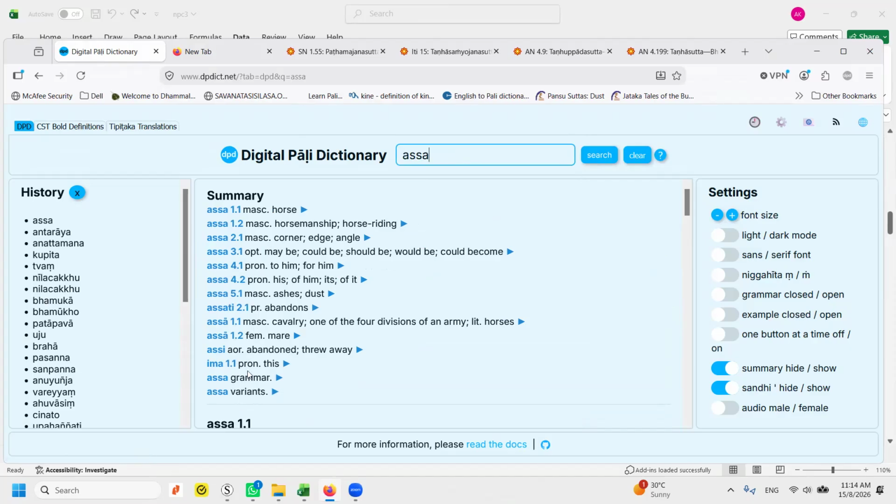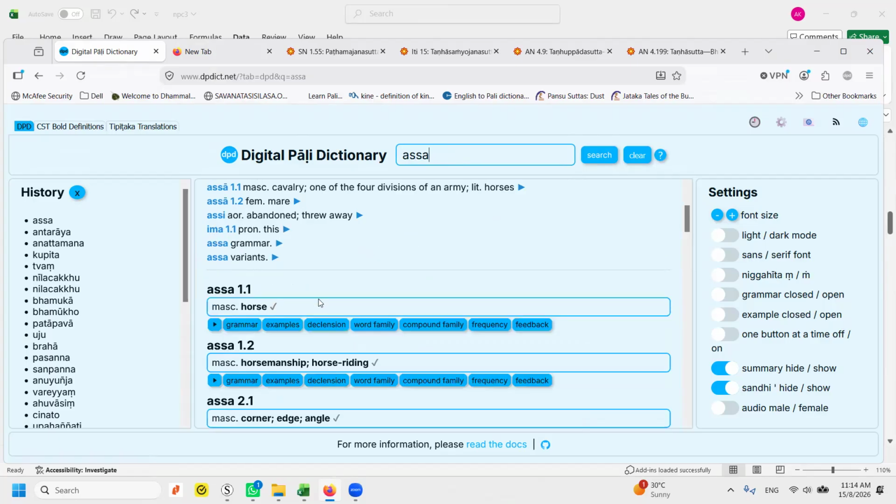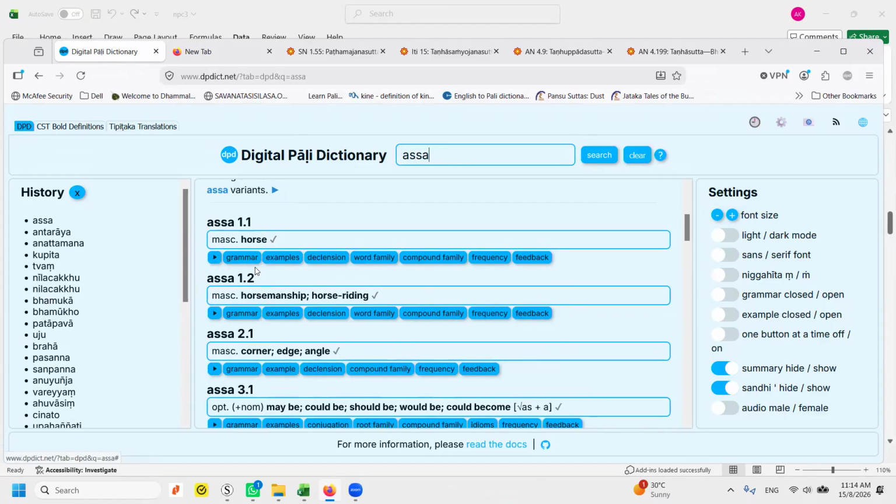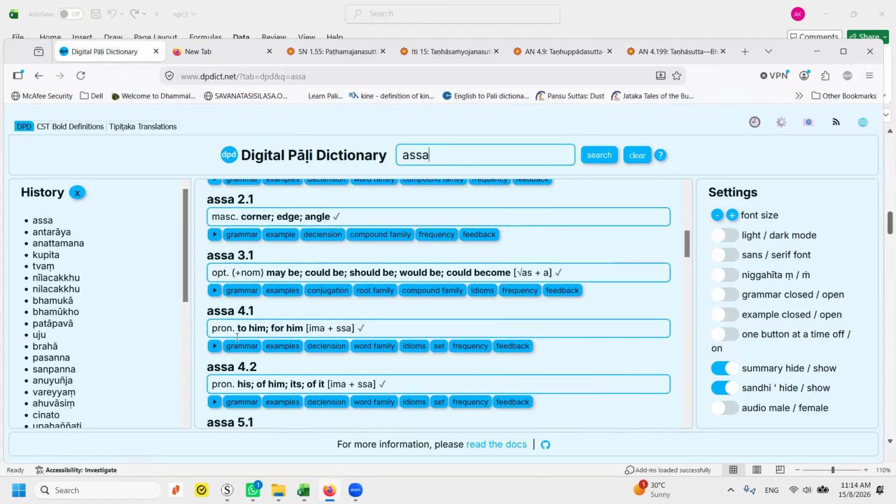We want this one pronoun. Can you see this? Optative, maybe, could be. In this case we're going to do optative, so we don't take this masculine noun. We should take this one, optative.